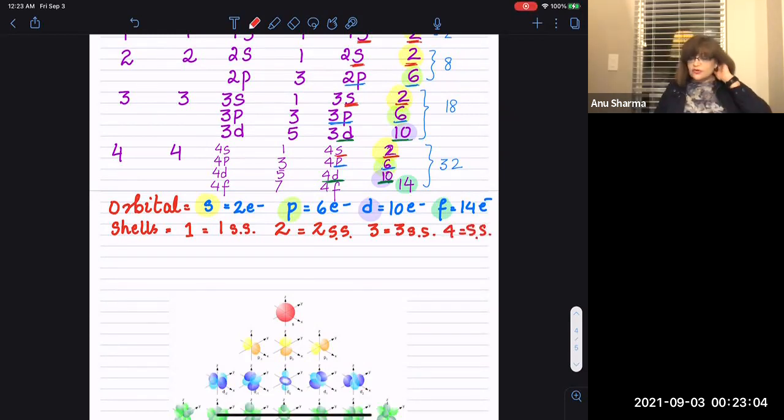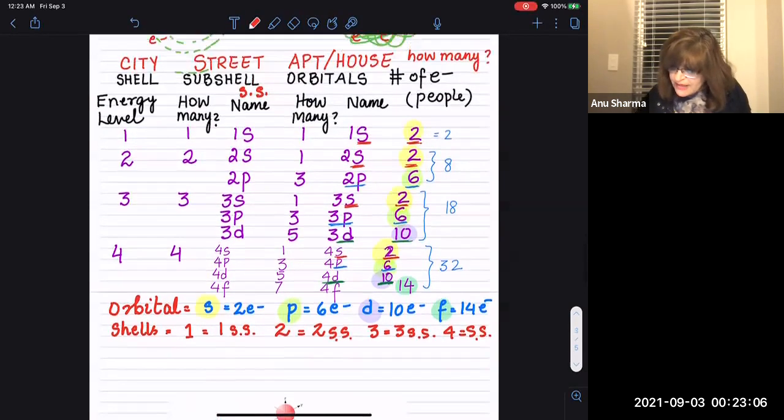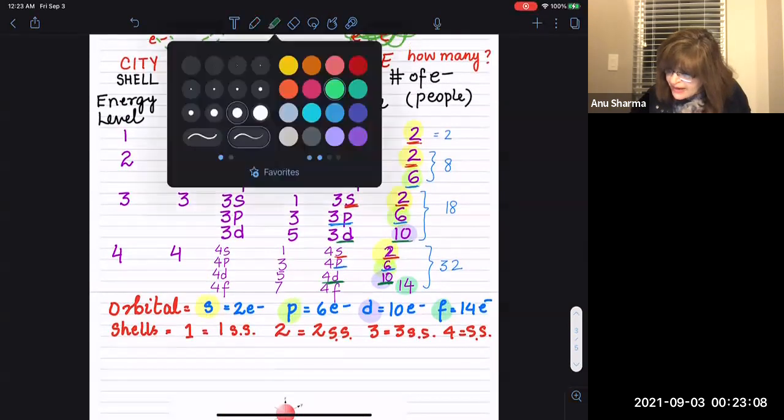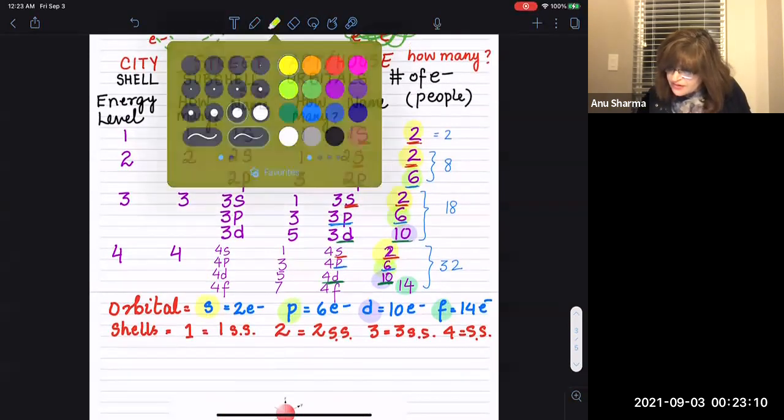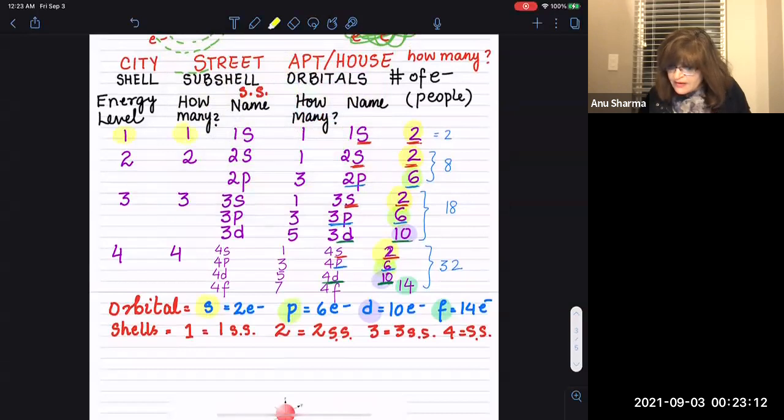Okay, so that's one piece. And where are they? As you can see, 1 is 1, 2 is these 2, 3 is these 3, 4 is these 4. Okay, so that's one thing.